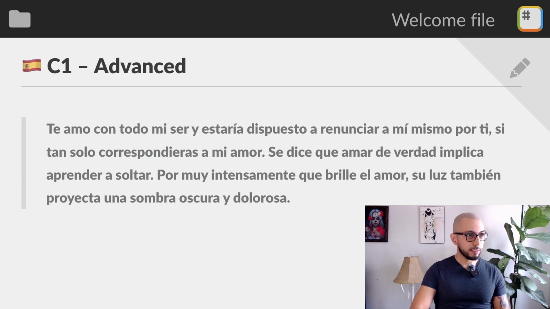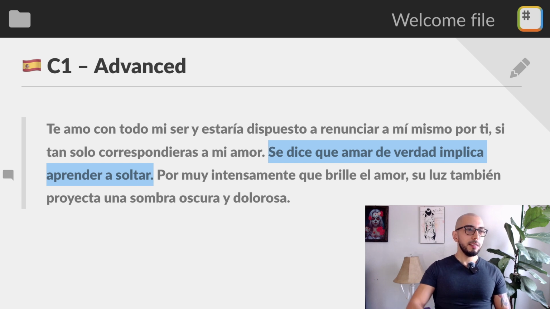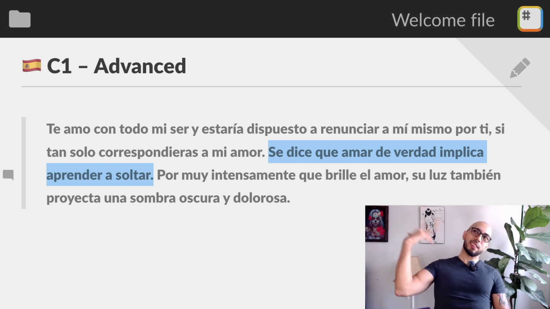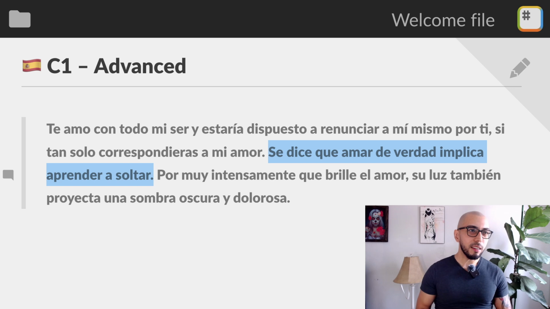Okay, I like this sentence as well. We might go through all of them here. So here in the middle, it says, se dice, it is said. Se dice que amar de verdad implica aprender a soltar. They say that to love for real implies learning how to let go.